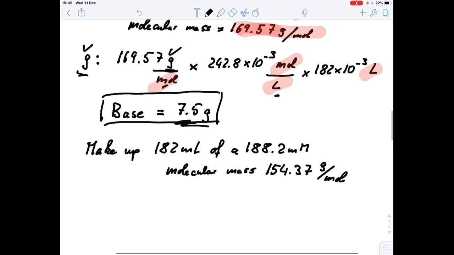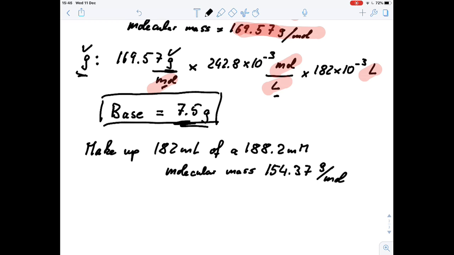Now I do basically exactly the same thing, just slightly different numbers.